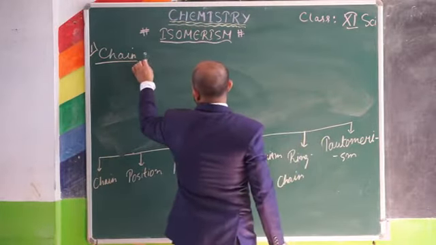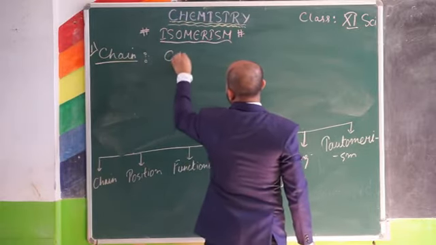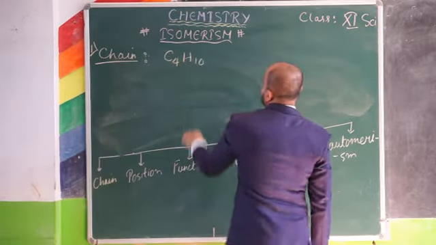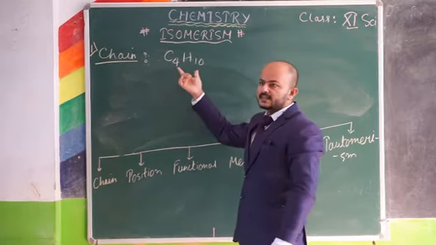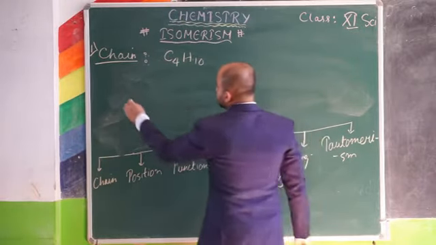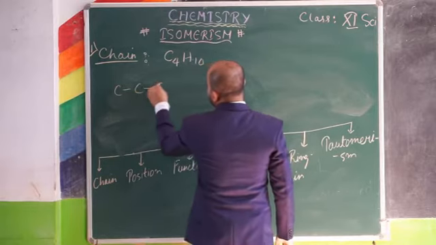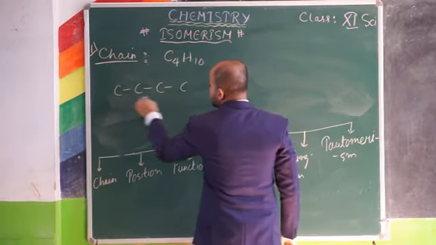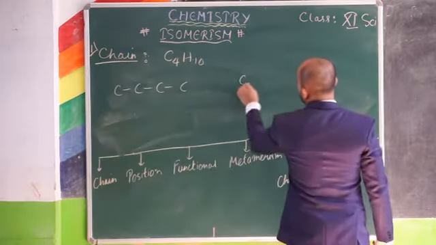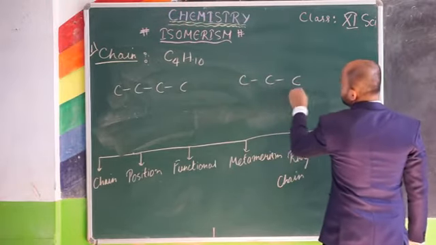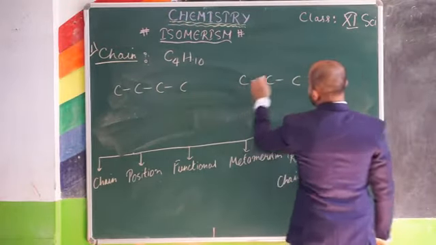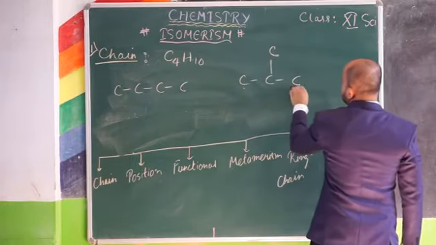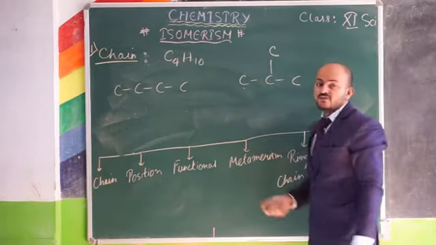Suppose you have C4H10. This C4H10 is what? Alkane. With this, you can either have all 4 carbons in a straight chain, or they can be branched. Instead of having 4 carbons in a straight chain, we can have 3 carbons in a straight chain and then 1 branch.